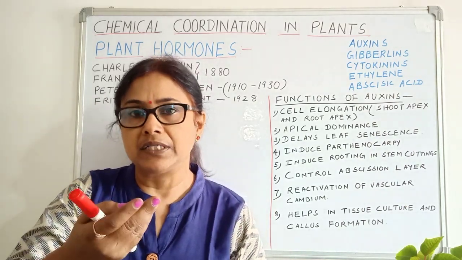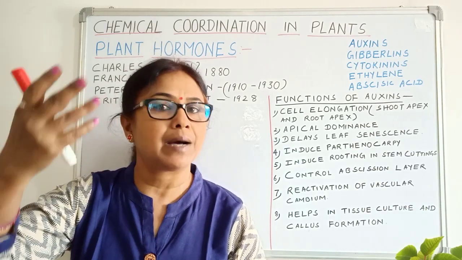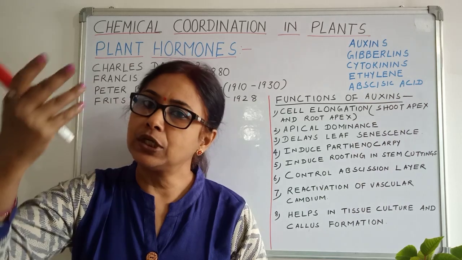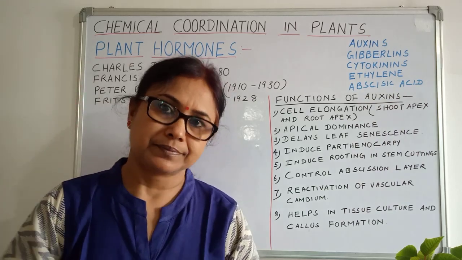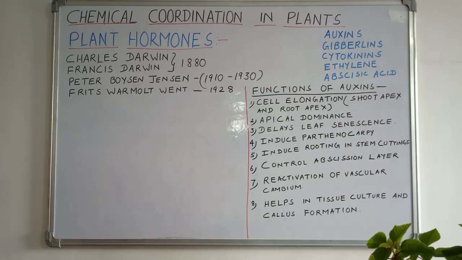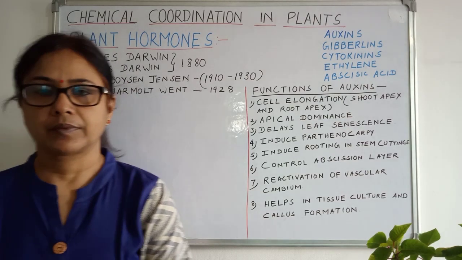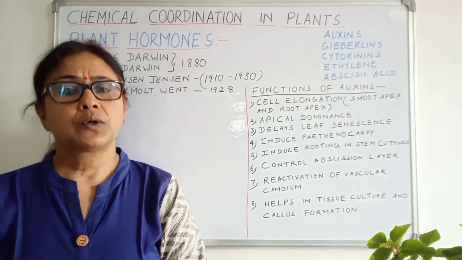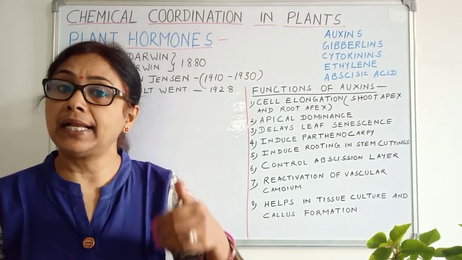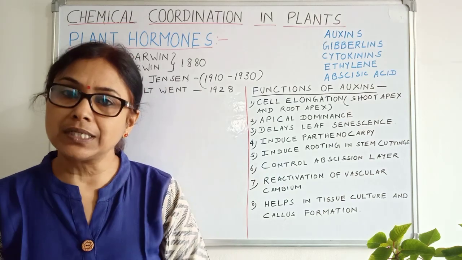It comes out first, pushes the soil and comes above the soil. And it starts growing and becomes taller and taller. This coleoptile protects the delicate shoot apex while the seedling is coming out of the soil.